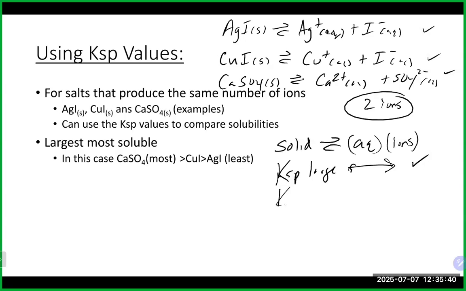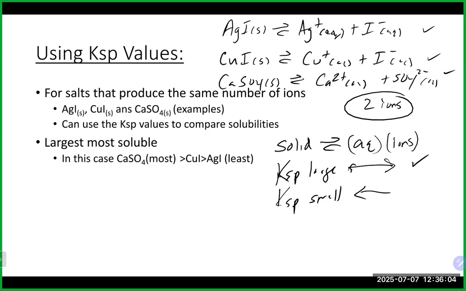If we have a small Ksp value, that means a small K value. We would have more reactants than products, and we would expect it to be less soluble. So if you look up on a table the Ksp values for each of these, you will find that calcium sulfate is the most soluble of the bunch, with the larger Ksp value in comparison to the other two.